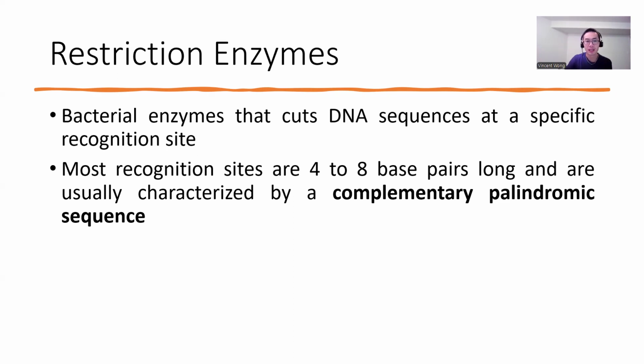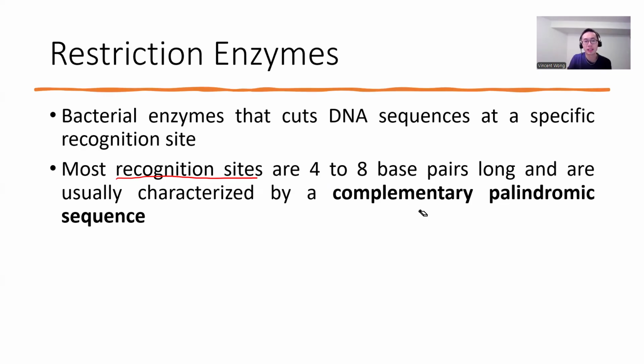Now, the restriction enzymes do not cut at random locations. In fact, there are specific recognition sites, usually 4 to 8 base pairs long, that will be recognized by the restriction enzymes, and they will only cut at those specific sites.